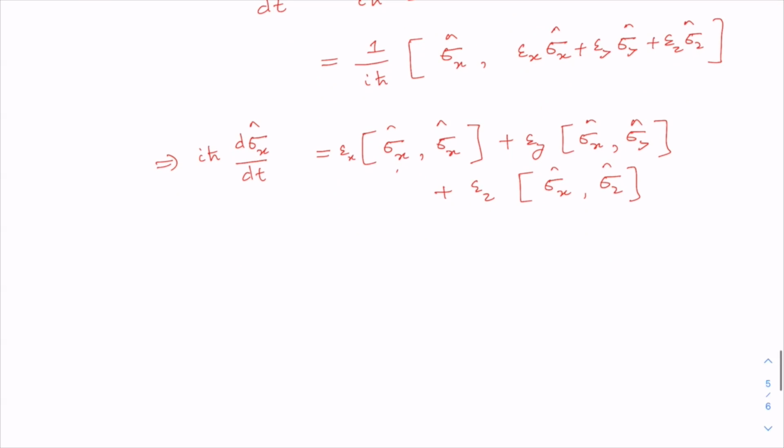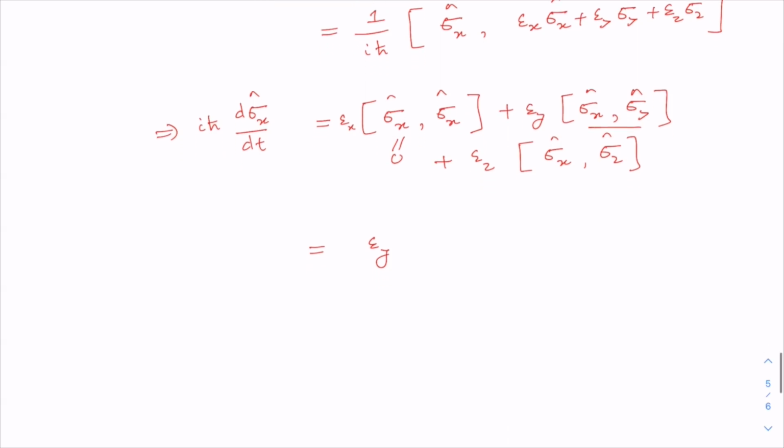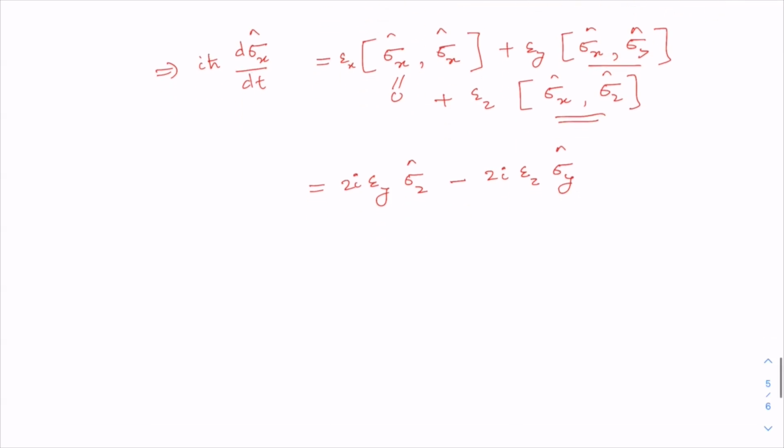Now this is obviously 0, so we will have epsilon y. The commutation between sigma x and sigma y we already know, that was 2i sigma z, and for sigma x sigma z we have minus 2i epsilon z sigma y.